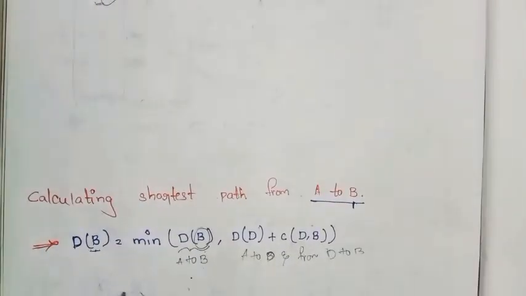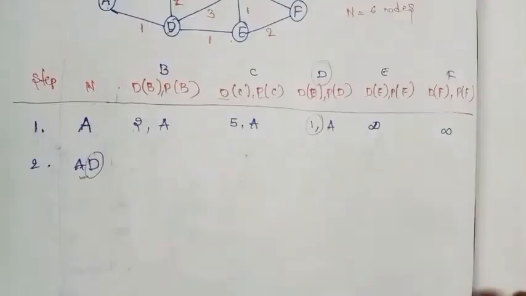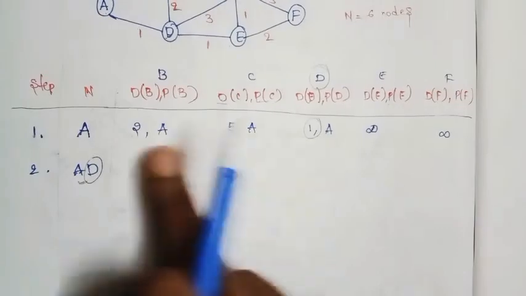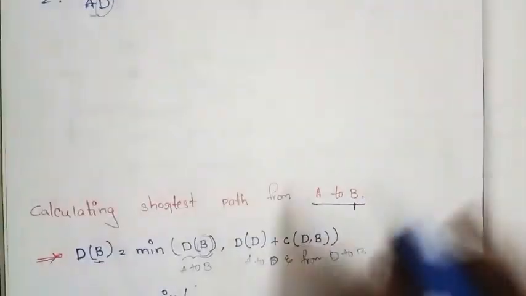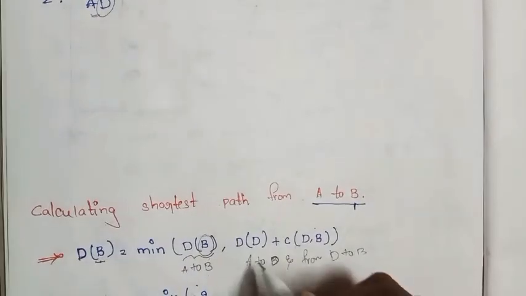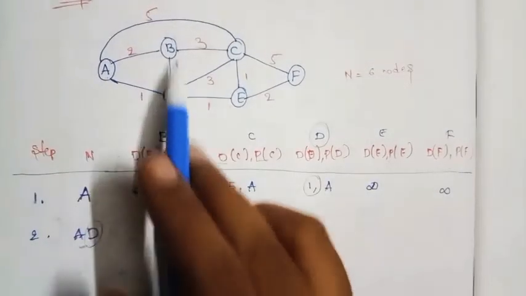See, minimum of, what is the cost from A to B, guys? Let us check. I took the values from the table, guys. A to B is 2. And from A to D and D to B, that is 3, guys.